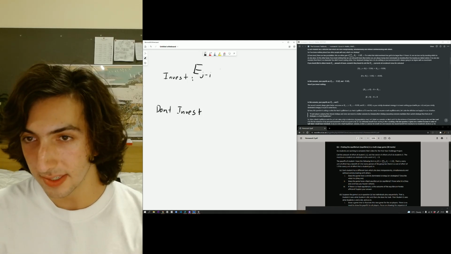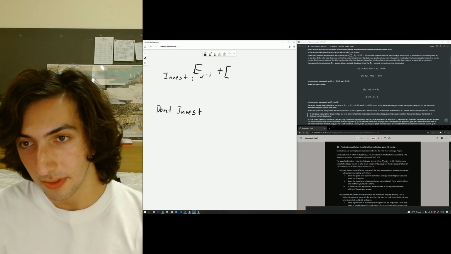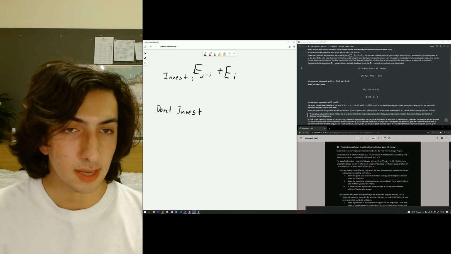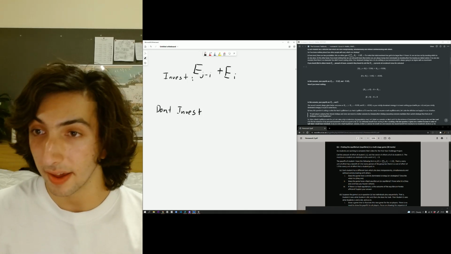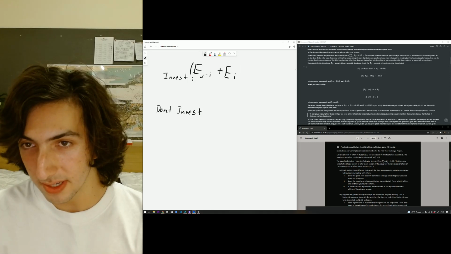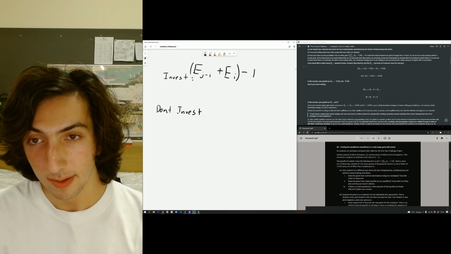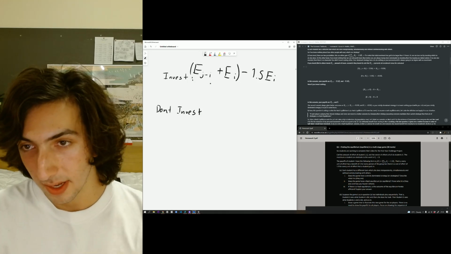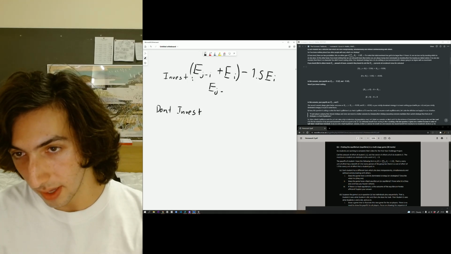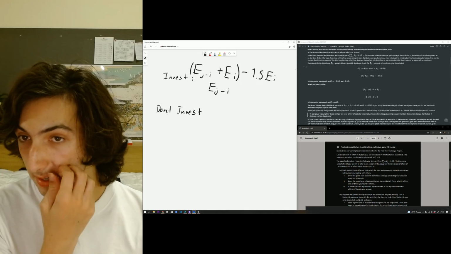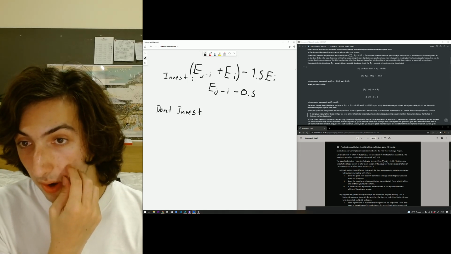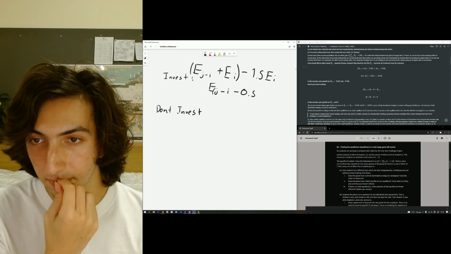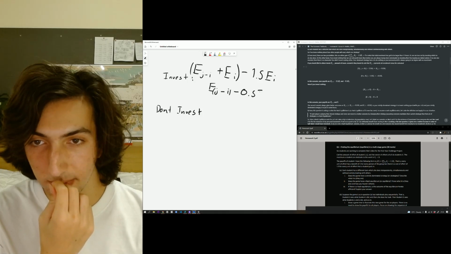If we invest, as per the equation, the sum of everyone's investment minus 1.5 times our own, we'll have everyone else's investment minus our own times 1.5. This means that our payoff at the end is going to be equivalent to E_{-i}, which is everyone else's investment, minus our own, hold on, let me just bracket this, minus our own investment, okay?